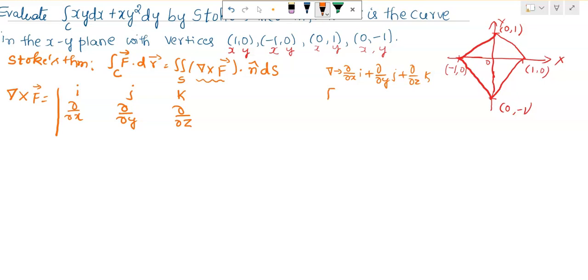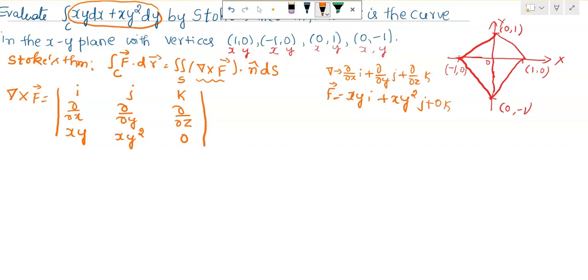See the F vector, this entire problem is given in the form of F dot dr vector. So F vector is xy into i plus xy square into j. K component here is 0. Okay, so let me write the coefficients of i, j, k in the third row: xy, xy square, 0.